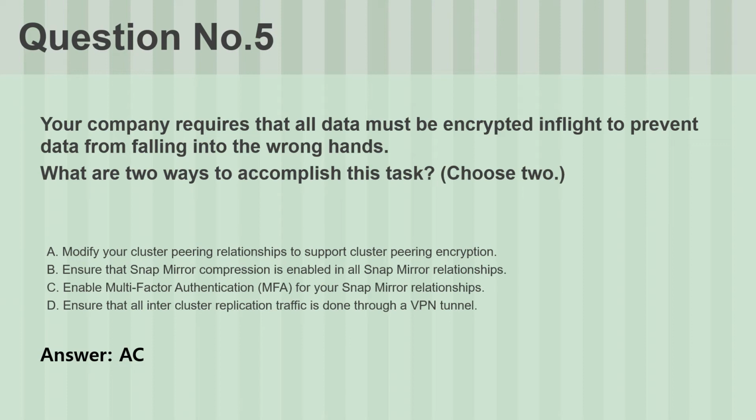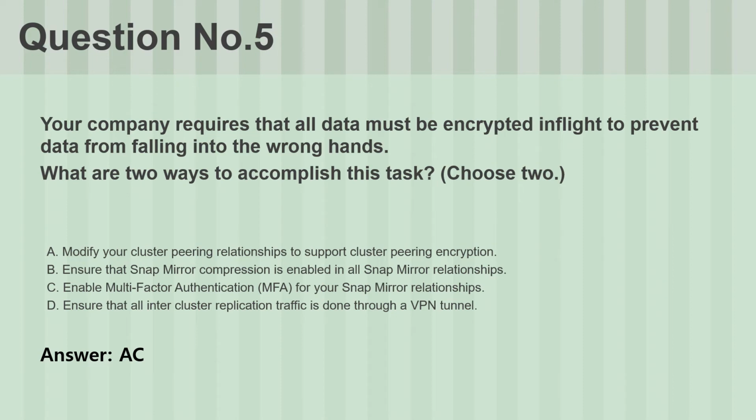Question number 5. Your company requires that all data must be encrypted in-flight to prevent data from falling into the wrong hands. What are 2 ways to accomplish this task? Choose 2. A. Modify your cluster peering relationships to support cluster peering encryption.